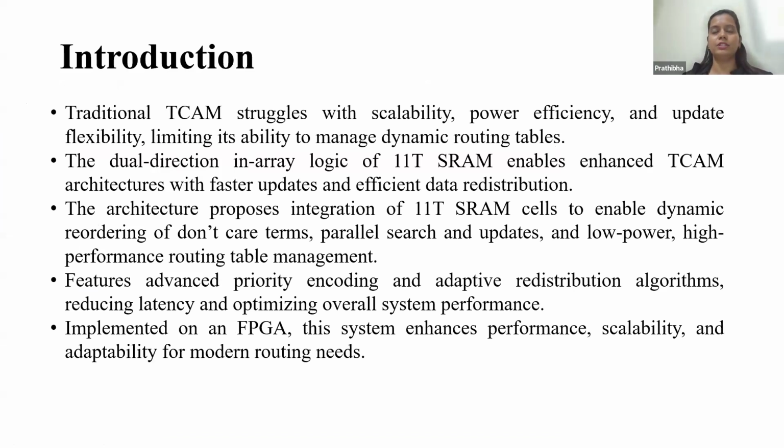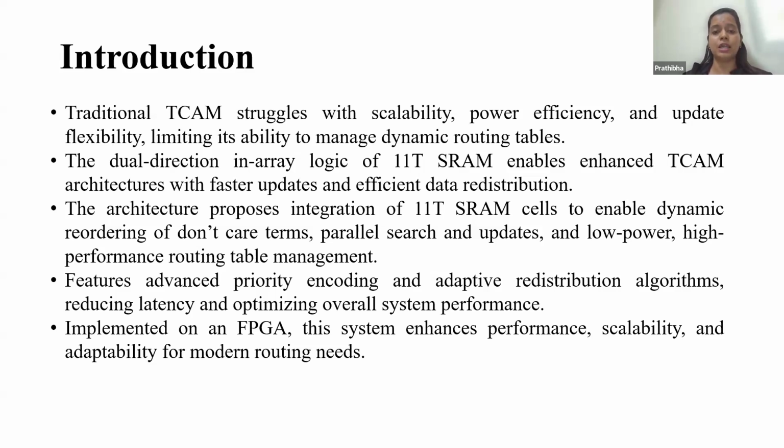TCAM, which is ternary content addressable memory, is widely used in routers for longest prefix matching because it allows parallel searches. However, traditional TCAM architectures mainly suffer from high power consumption, poor scalability, and slow update operations.